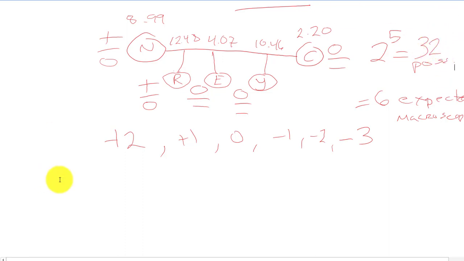Well, let's draw them out. So our +2 is going to be the protonated for all of them. And then we have +1. At the pKa of 2.2, we're going to substitute the +1 form.